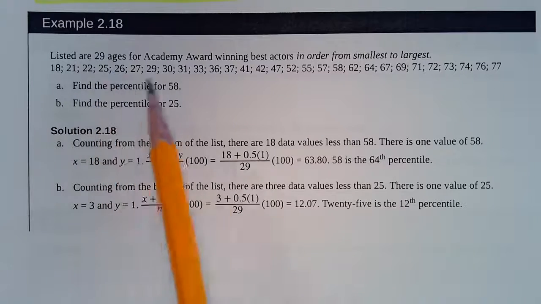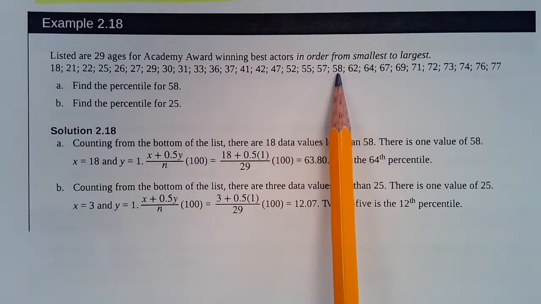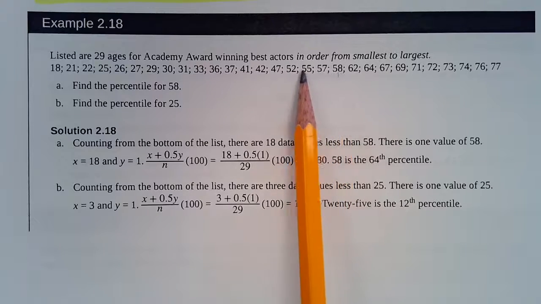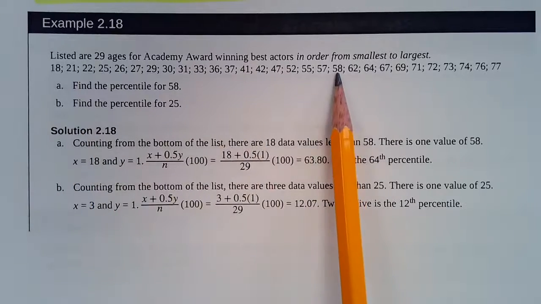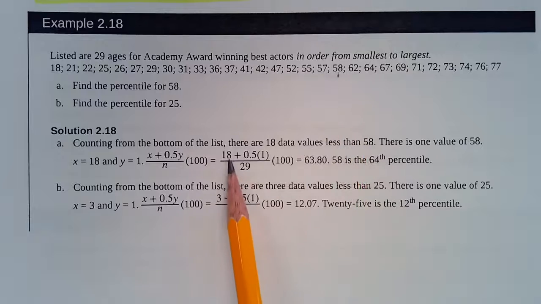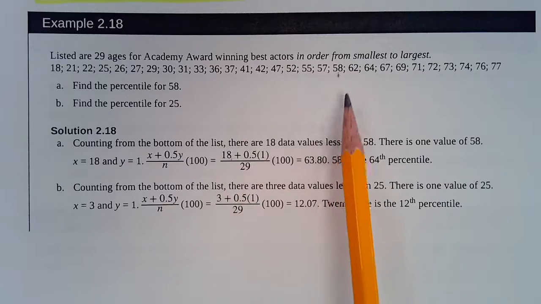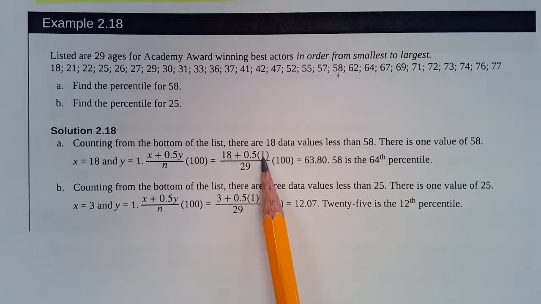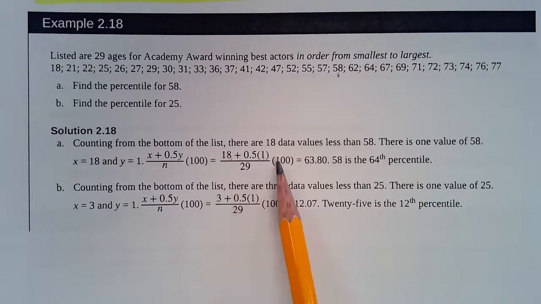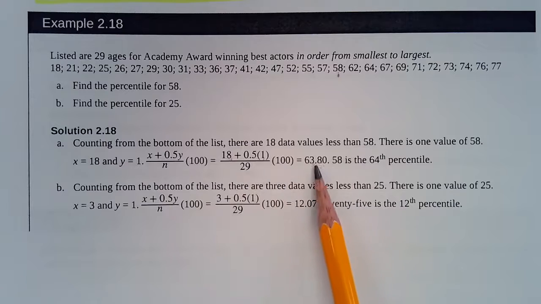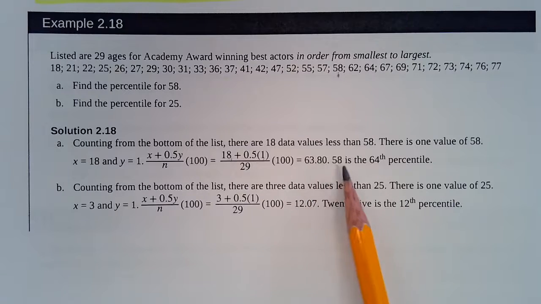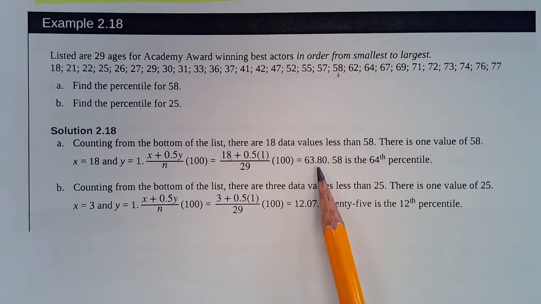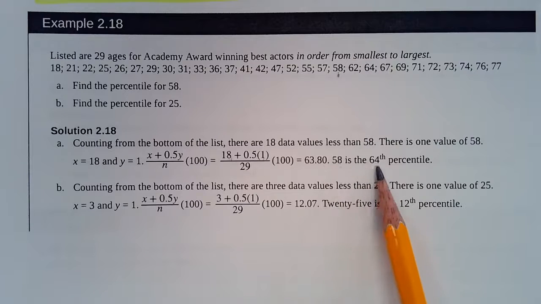Now we look at how many numbers are smaller than this. There are 18 numbers smaller than that value, so that's where our 18 comes from. There's only one 58, so that's why our 1 goes here. We put that all together and that gives us 63.8. We round that to the nearest percentile, so 58 is the 64th percentile.